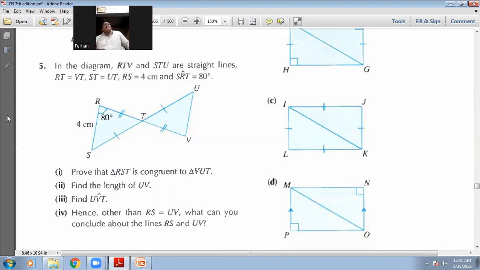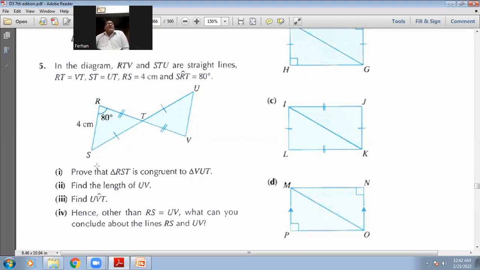You can see very easily that the TR side and the TV side are equal to each other, it is given. The TS side and the TU side are equal to each other, that is given. And this angle and this angle will be equal because they are vertically opposite to each other. So we can prove that these two triangles are congruent. The reason is side angle side.